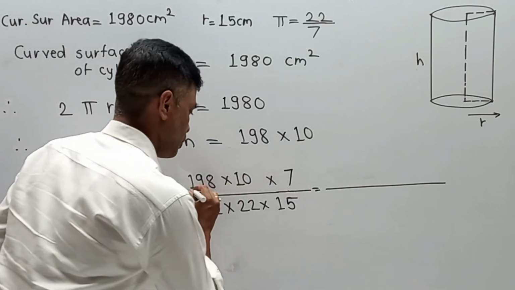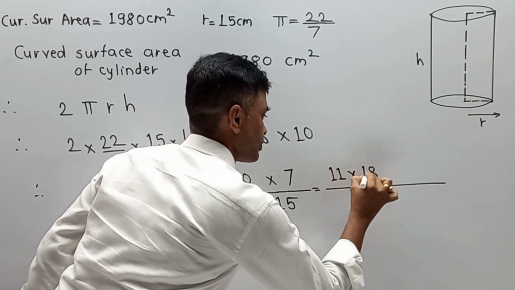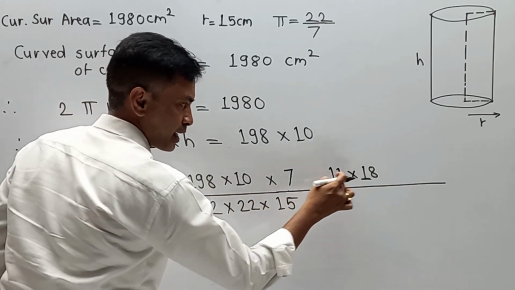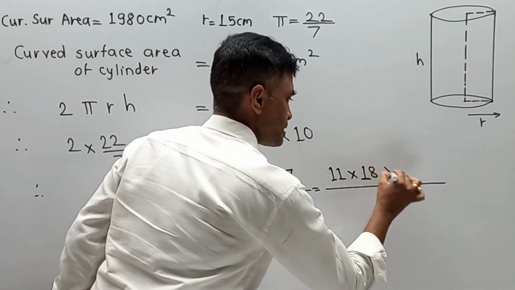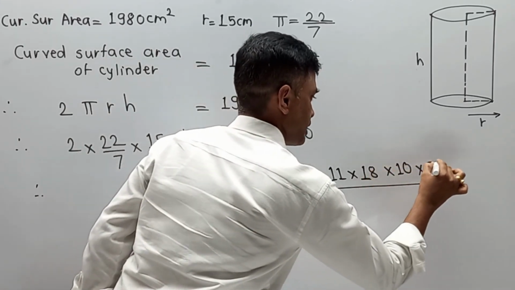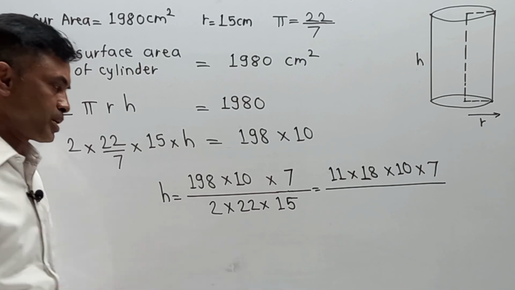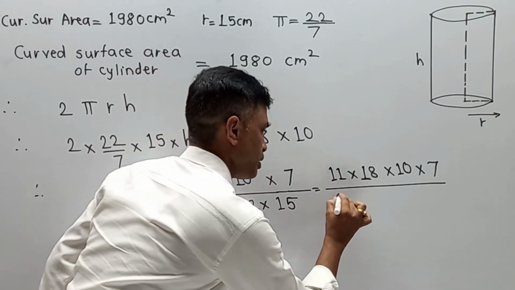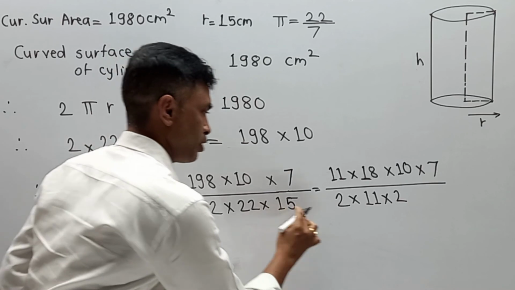So 198 is nothing but 11 into 18, cross check it: 11 into 8 is 88, carry 8, 11 ones are 11, plus 8, 19. This 10 I am going to write as it is, into 7, divided by 2, 22 means 11 into 2 into 15. So 2 into 11 into 2 into 15.